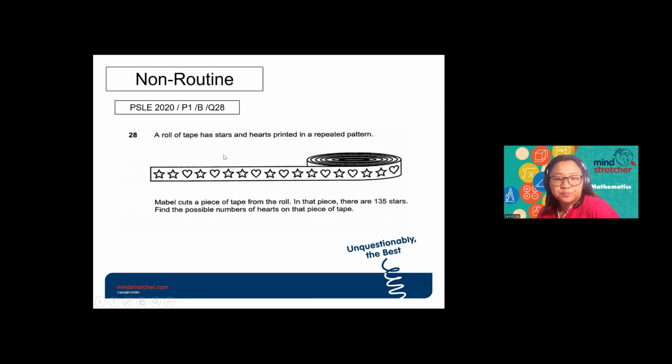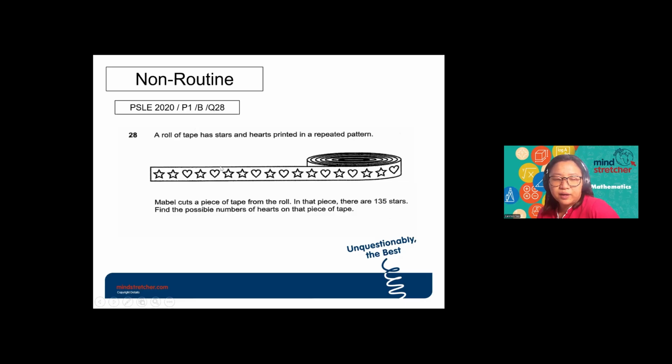Okay, next one. Non-routine question. This is on patterns. It's star, star, heart, and then star, star, heart, and then again star, star, heart. So from this question, students are expected to recognize that they have to use the grouping method to solve it.